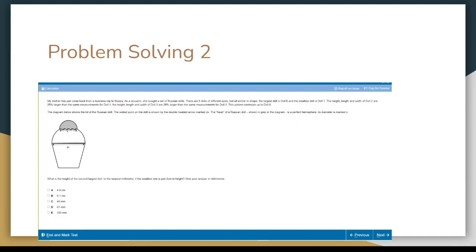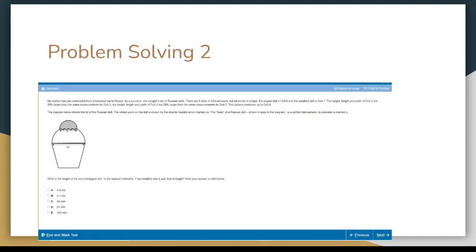In this, we know the height, length, and width of doll 2 are 25% larger than doll 1, and this pattern carries on all the way up to doll 6. We have to find the height of the second largest doll, which will be the 5th one.